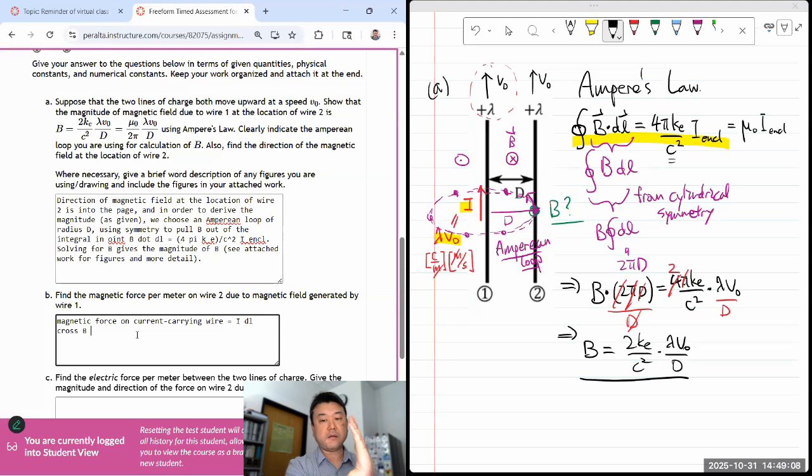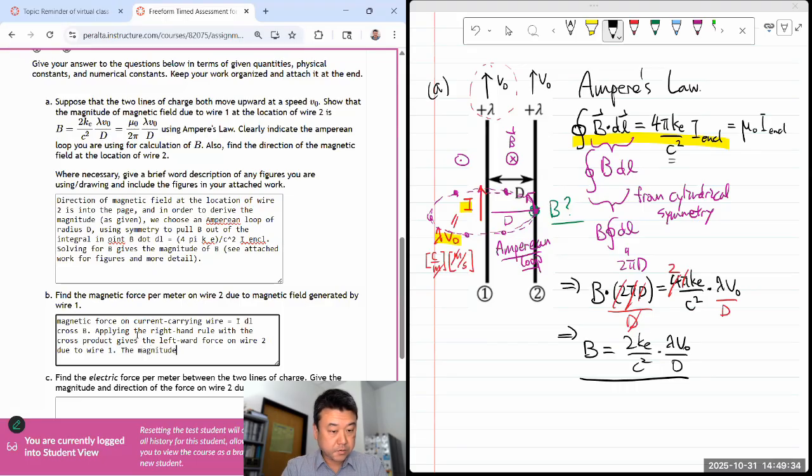So dl is up, and the magnetic field is into the screen. Applying the right hand rule with the cross product gives a leftward force on wire 2 due to wire 1.